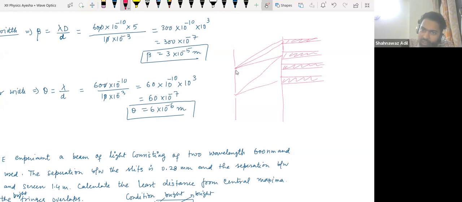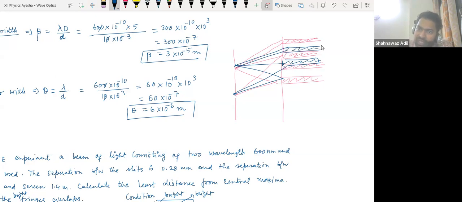But let's say we have another wave coming. Its central fringe would be again the same, they overlap, but this one will have a bright fringe at a different place. And this one will again have a bright fringe at this place. But there would be a least distance at which both will have the same bright fringe, right? So that is the distance that we want to calculate.